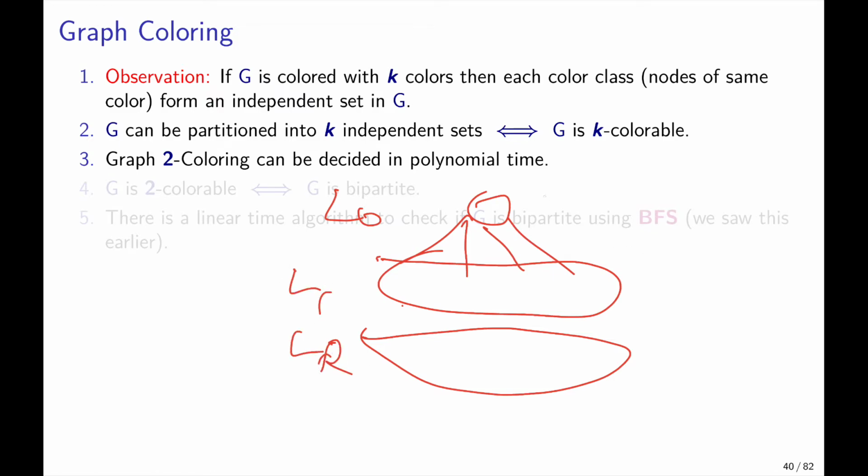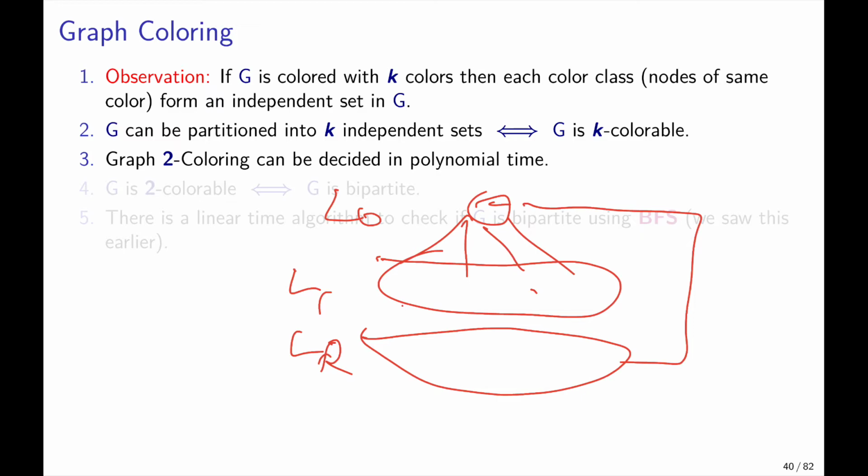The idea is that if you're coloring with two colors, consecutive layers have to be of different colors. So all the even layers must be one color, and all the odd layers must be another color.